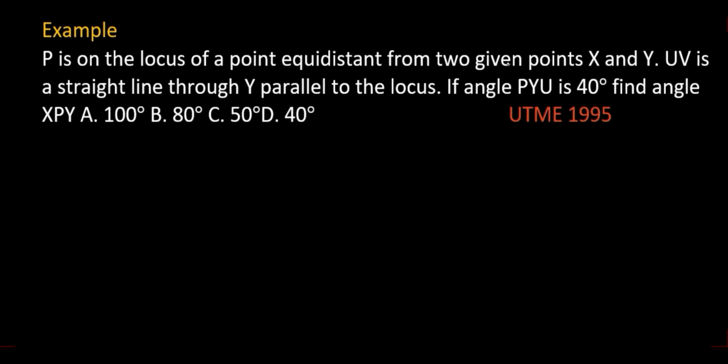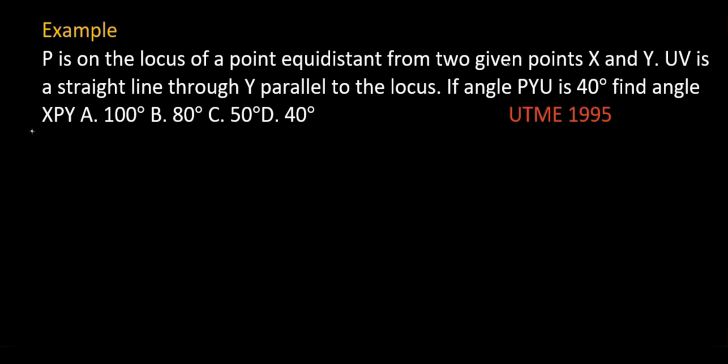Let us look at a further problem. Example: P is on the locus of a point equidistant from the given points X and Y. UV is a straight line through Y parallel to the locus. If angle PYU is 40 degrees, find angle XPY.